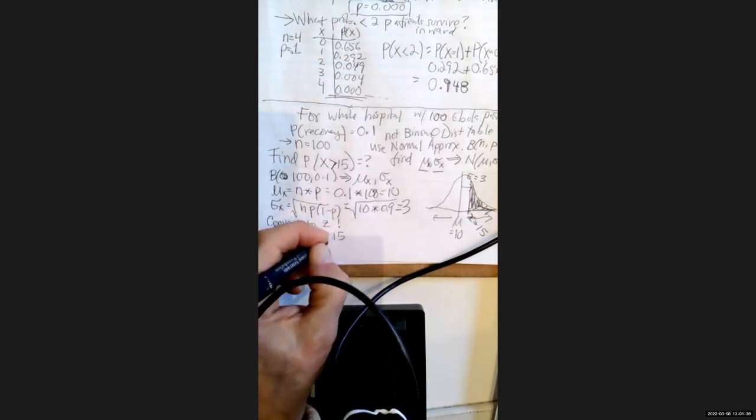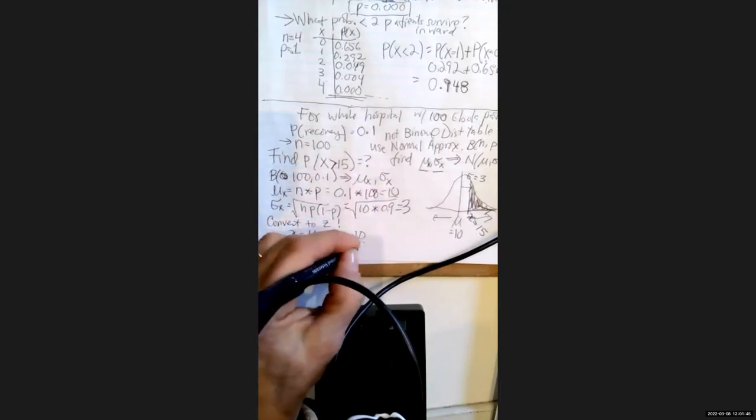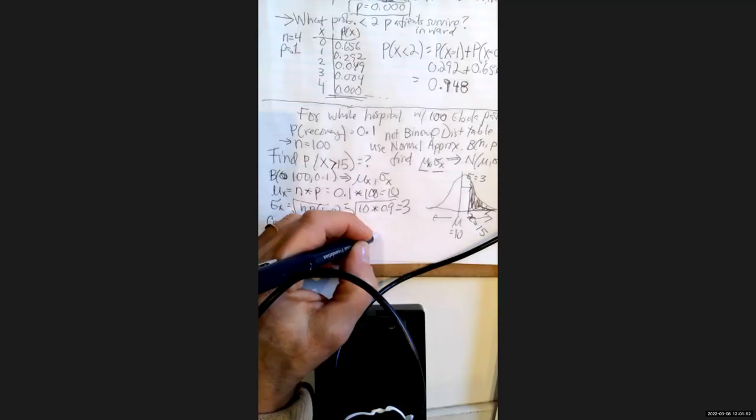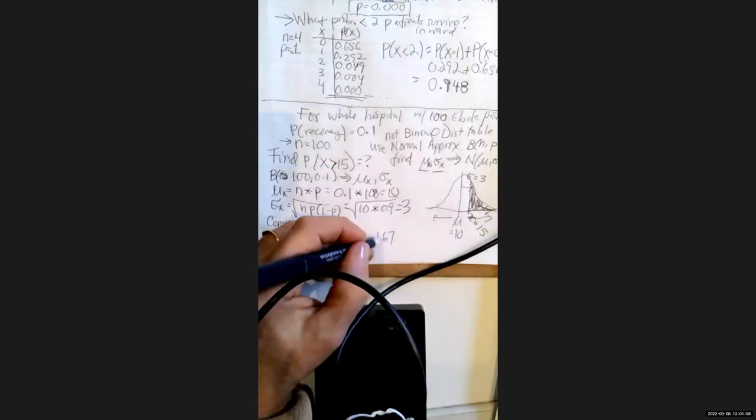So that's going to be my x is 15, the value I'm interested in. My mu, I found it up here, it's 10. Sigma, I calculated it, it's 3. I've got 5 divided by 3, which is 1.67, should be a positive value.